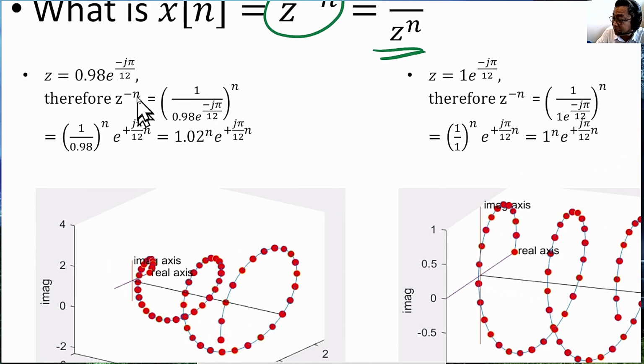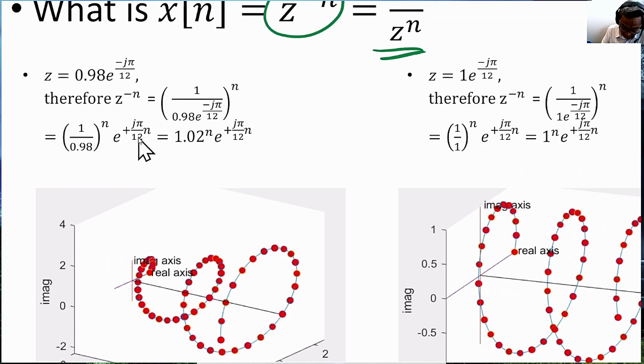What is z to the minus n? It is 1 over this whole expression here, and we can break this expression into two parts. The magnitude part is 1 over the magnitude, and the angle, because it is at the denominator, when we bring it up, it will become positive. So it's 0 minus j pi over 12 becoming 0 plus j pi over 12.